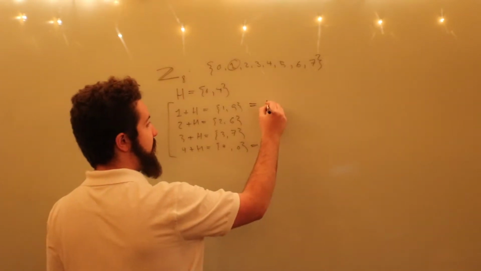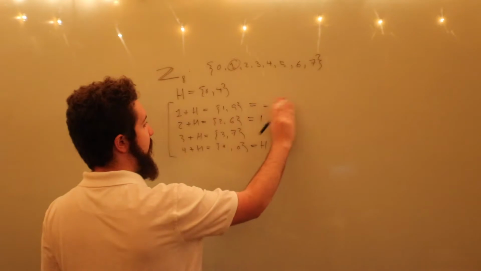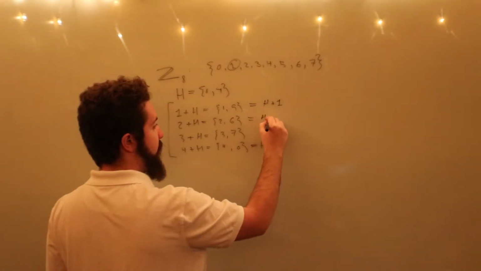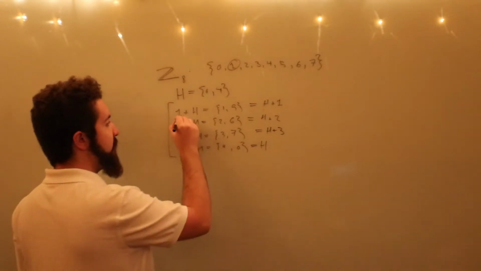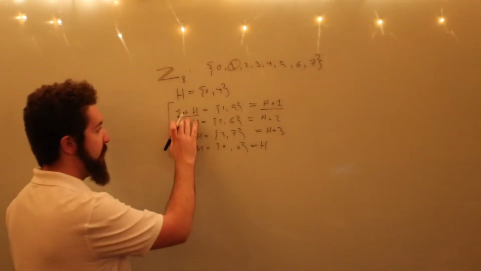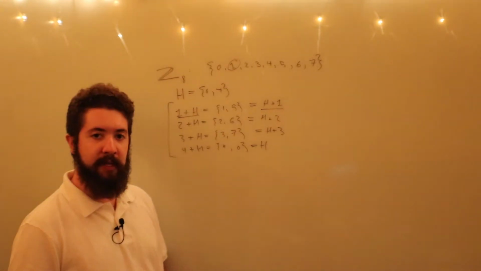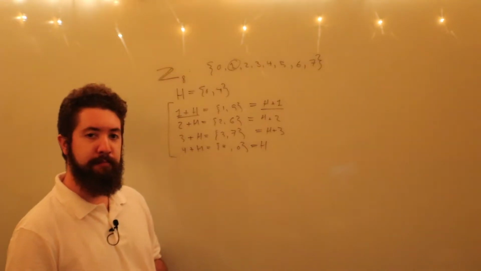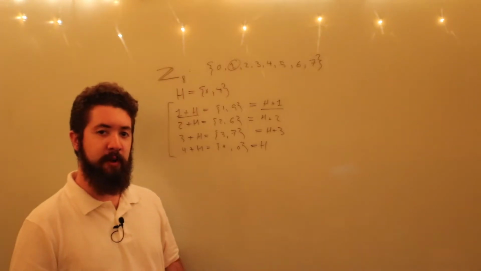So that means that this is equal to 1 plus H, this is equal to H plus 1, this is going to be equal to H plus 2, and this is going to be equal to H plus 3. So we have this relationship here that 1 plus H is equal to H plus 1, and in general for any element in this group. However, this is not in general true, but it is true of abelian groups, which leads us to our first theorem.